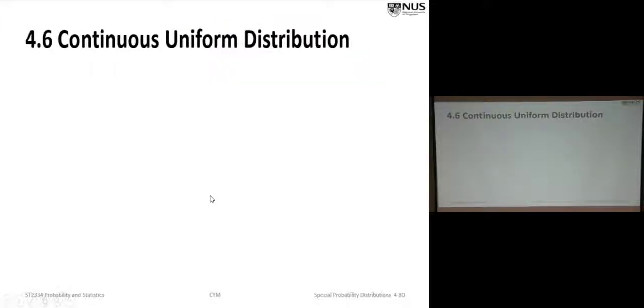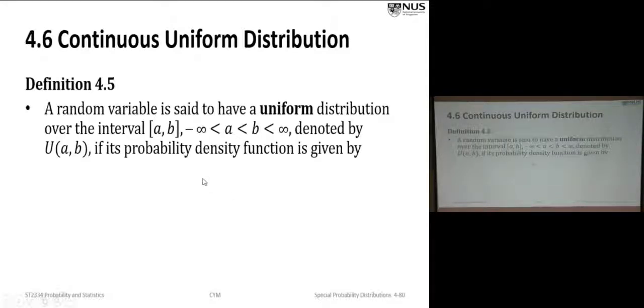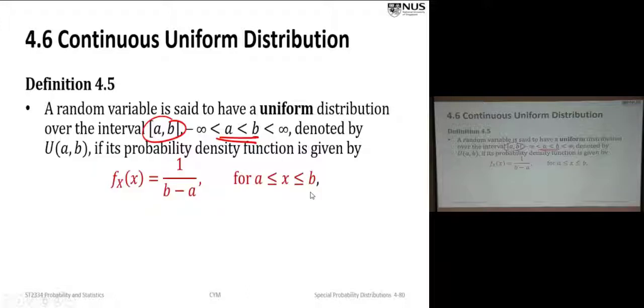All right, so now we move on to talk about some useful and commonly encountered continuous distributions. Again, the first one is the uniform distribution. What does it mean? It means that over a certain interval, between a and b, your density is uniform, which means it does not matter what your x value is, they are the same.